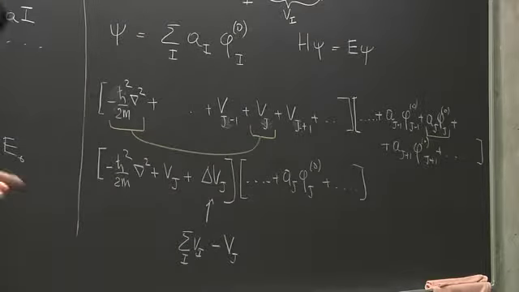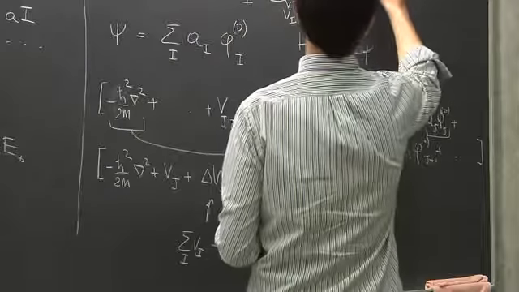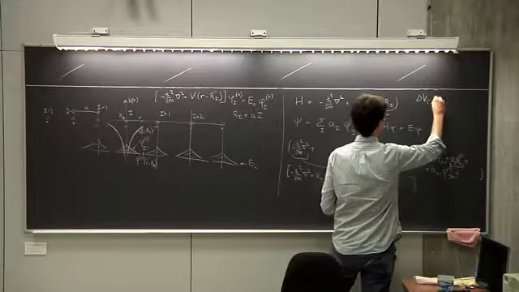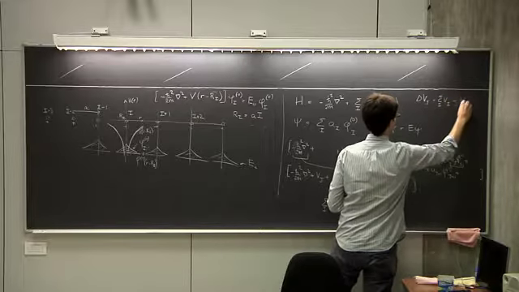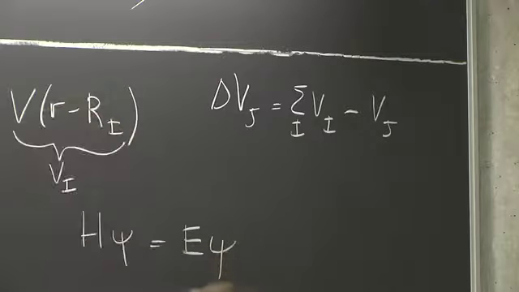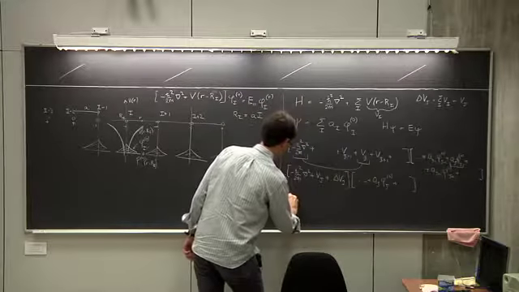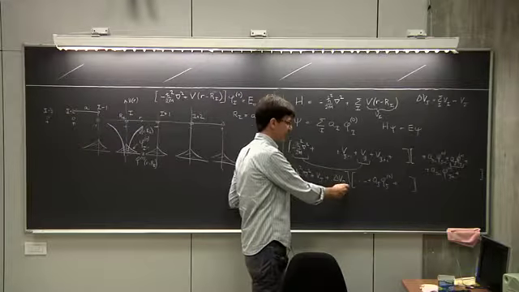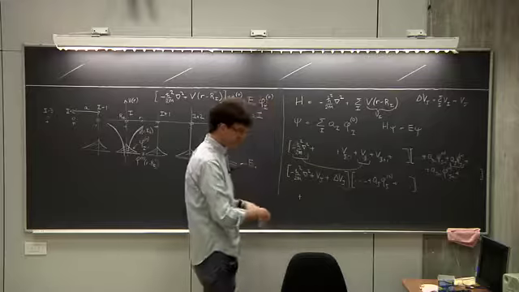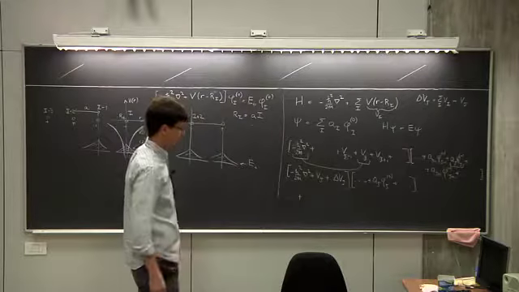All right? Let me write it above, so let me define a few things. So delta Vj is sum over i of Vi minus Vj. So I can use the space here below. So when I apply, there will be terms that come from the projection of whatever is H on the previous terms that I'm not interested in, at least for the moment.